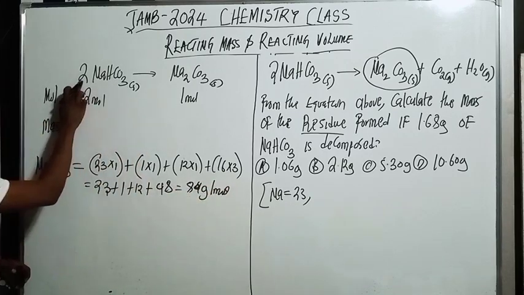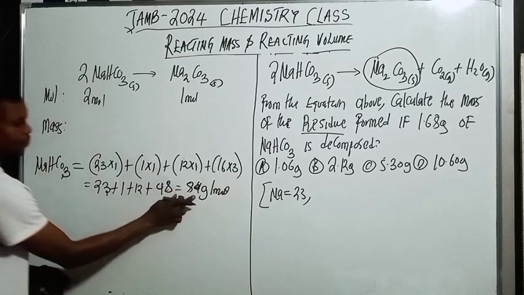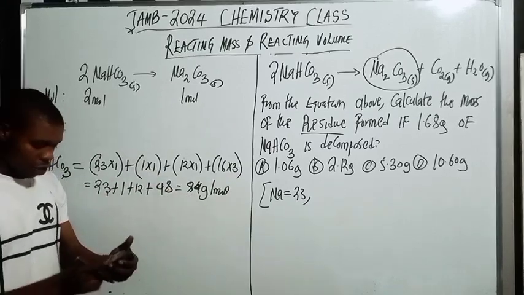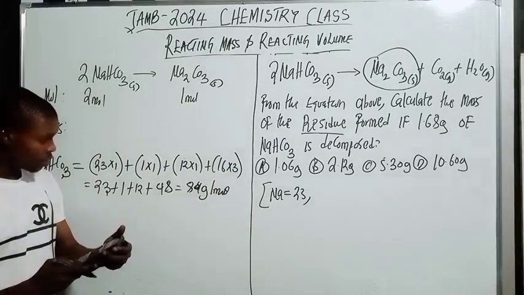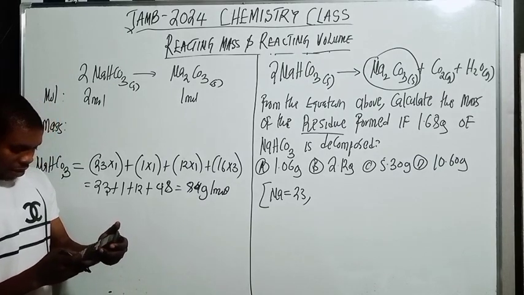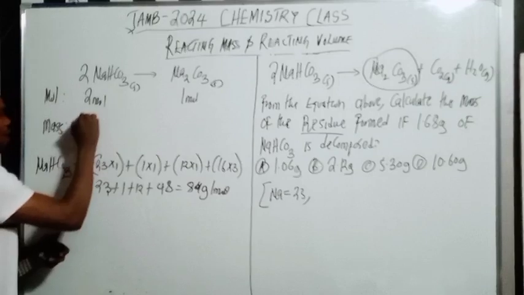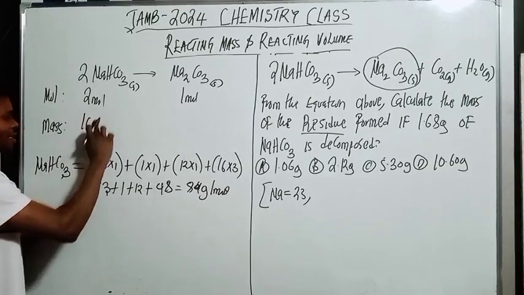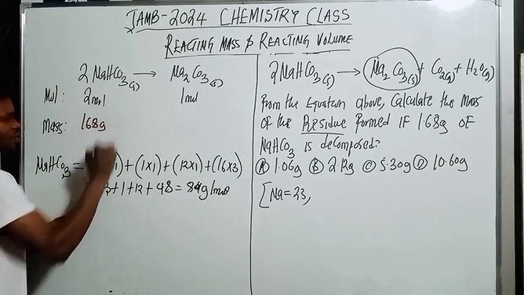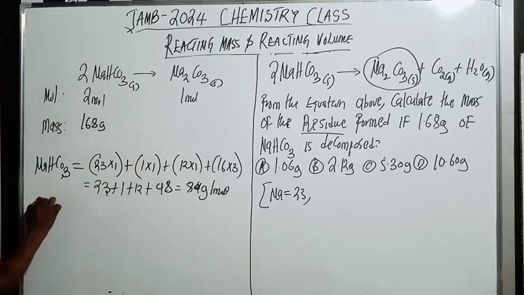But how many moles do you have here? We have 2. So 2 times 84 is 168 gram, right?